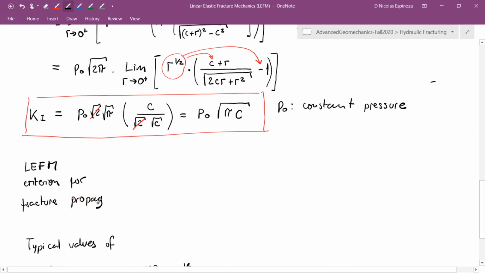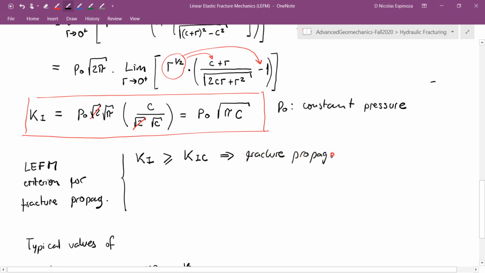Remember that we cannot use tensile strength. So what we're going to use is the stress intensity. Whenever the stress intensity, which depends on my fracture length and the pressure, is higher or equal than the toughness of the rock, which is a material property that we're going to talk about in just a minute, then this implies fracture propagation.